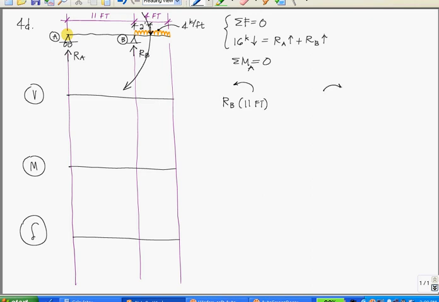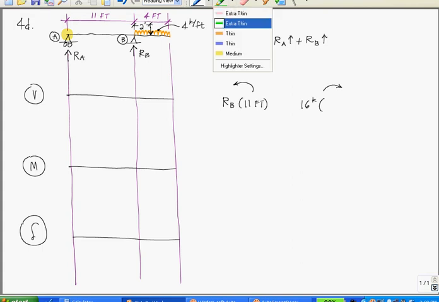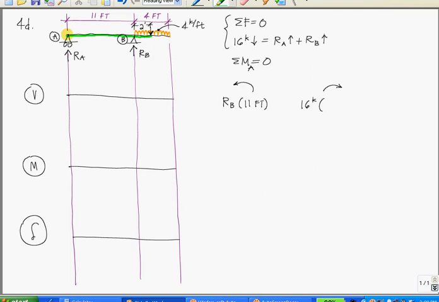So let's tabulate it over here. Again, our force 4 kips per foot times 4 feet equals 16 kips. The distance between this resultant and point A is 11 feet plus 2, 13 feet.